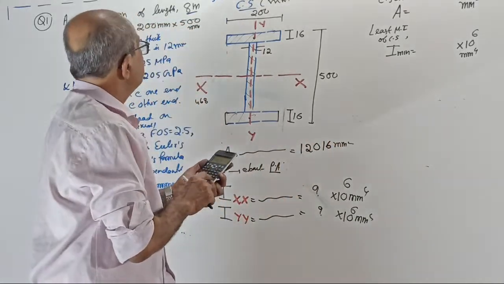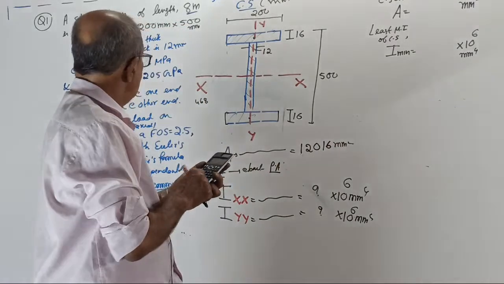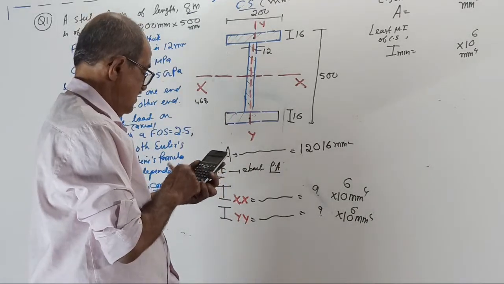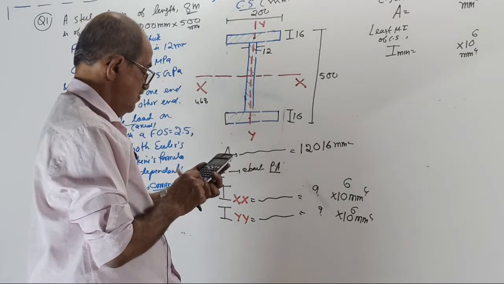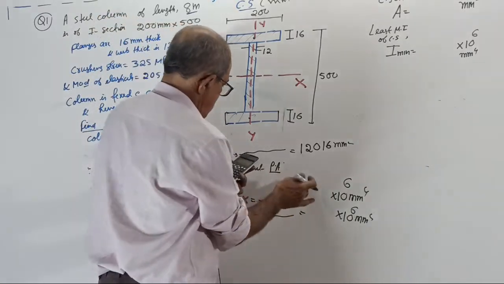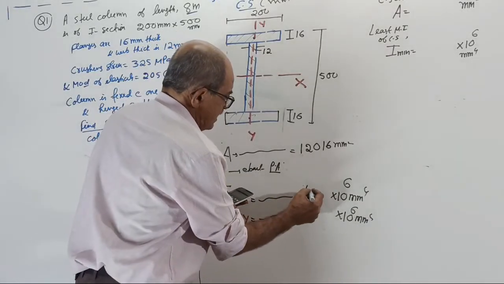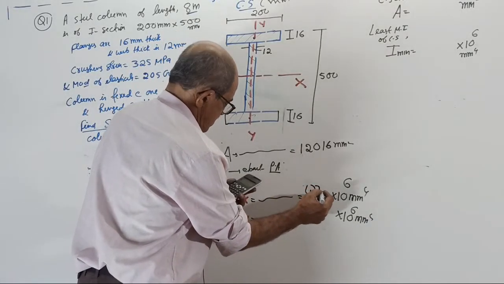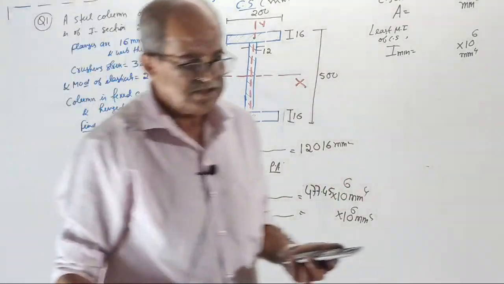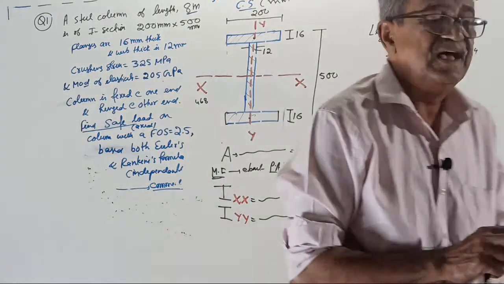IXX about x-axis, divided by 10 to the power 6, is 477.45. Correct answer? 477.45 is correct. Okay, that is IXX.